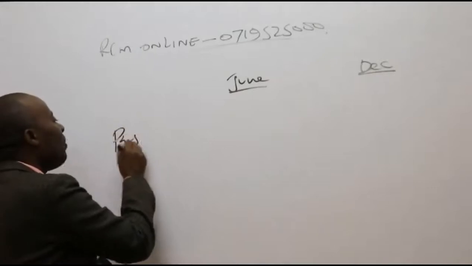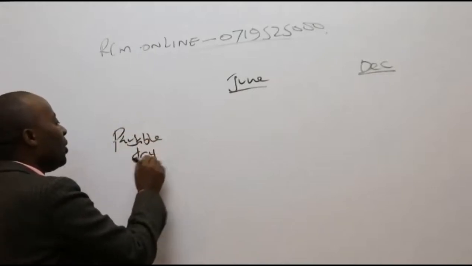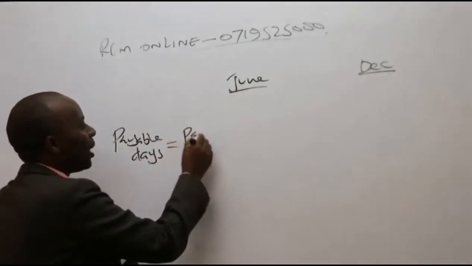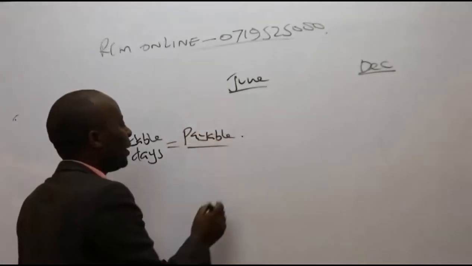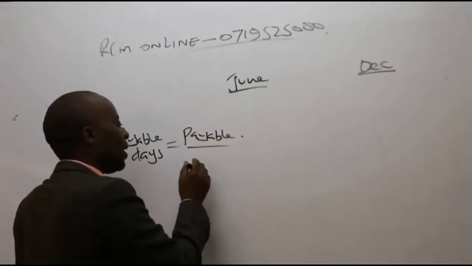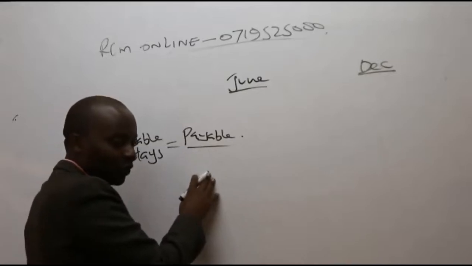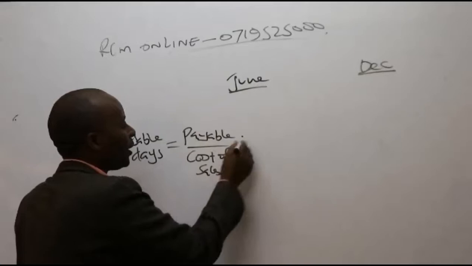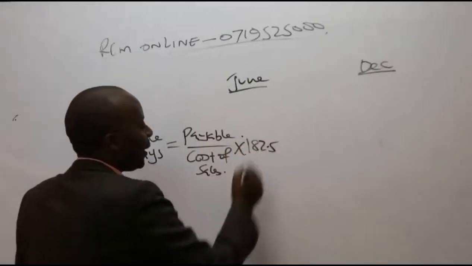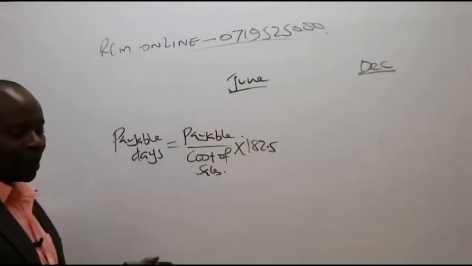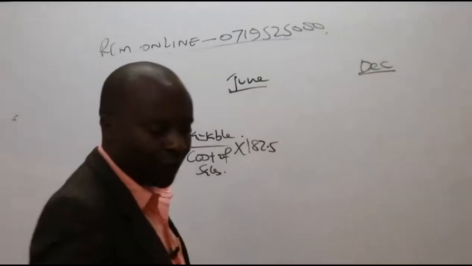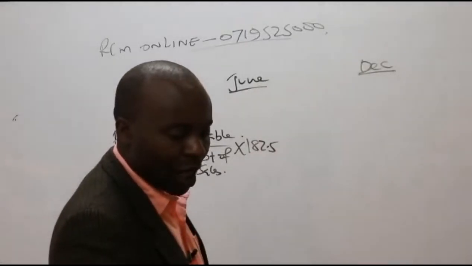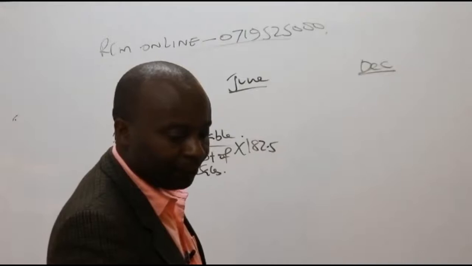To get the payable days, what do we have here? We have the payable divided by what here, somebody? Payable, of course, is found under cost of sales, so divided by cost of sales, times, in this particular case, 182.5. So then, ladies and gentlemen, what I will do, I will come here very fast.